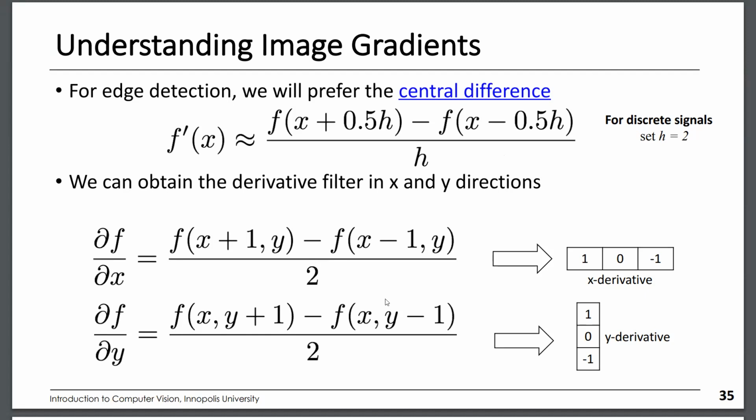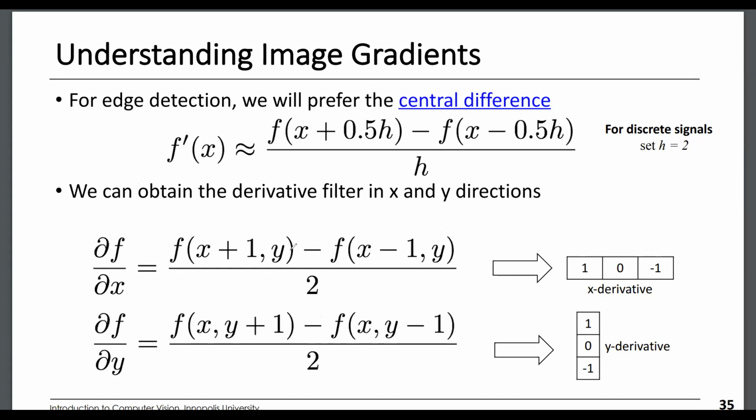Again, it looks something like this. Ignore this y for now, it just complicates things. For the direction of x, we're not going to change the y. Now we're working in the image. Let's say we're at place x, y.